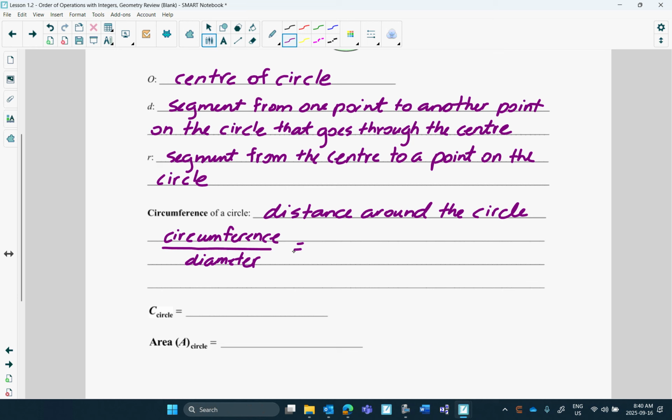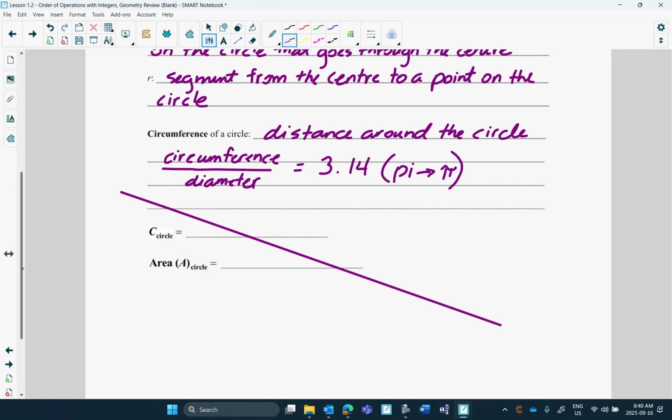So we just use 3.14. Remember, that's approximate. And we use this information to actually find formulas for the area and circumference.